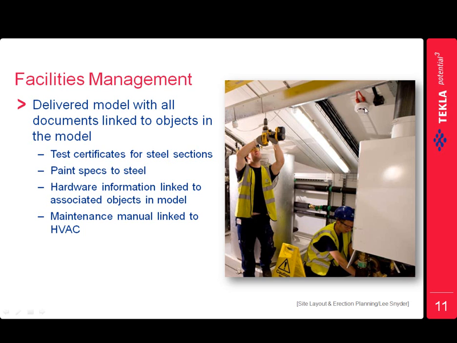For example, like this little system here, the sprinkler, smoke detector, whatever it is, if you wanted the user's manual attached to it or the HVAC, you could have that all linked in the model, so that instead of handing over boxes and boxes of drawings, you would hand over a model where they could actually see what's behind each wall with the associated documents linked to it. Again, like another bullet point down here, the maintenance manual linked to the HVAC.